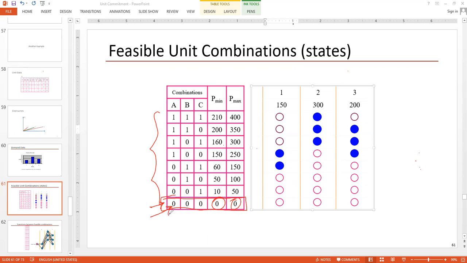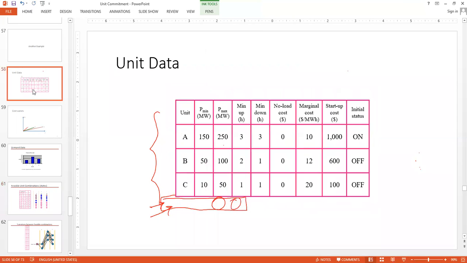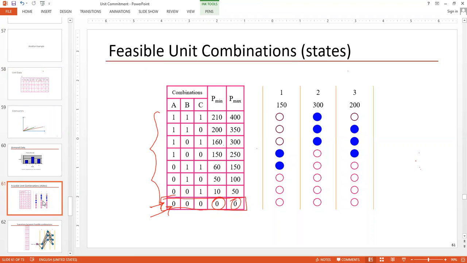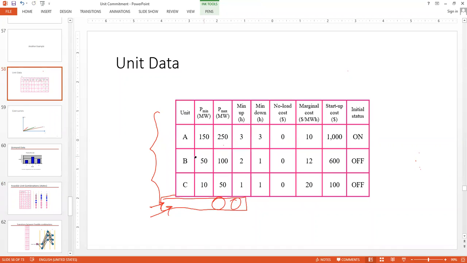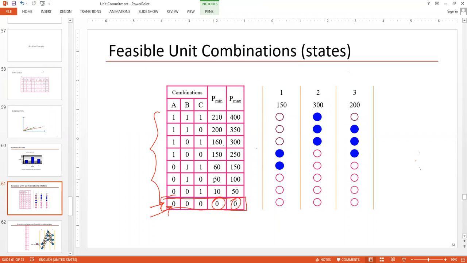If we leave out this last one, then 001 means unit C is operating. What is the value for unit C? 10 and 50. So you see 10 is the minimum, 50 is the maximum. For this one, 010, unit B is operating alone. So 50 and 100, and so on.